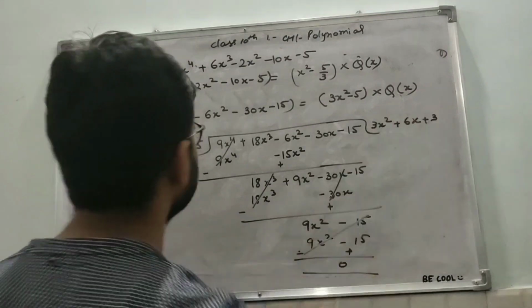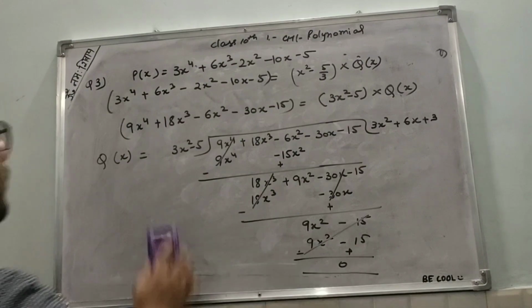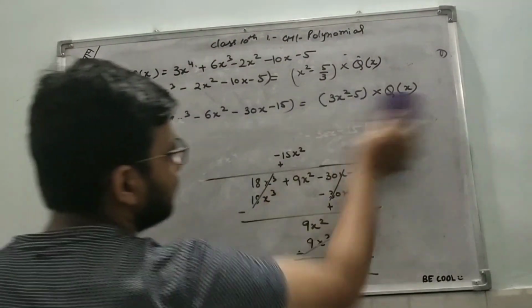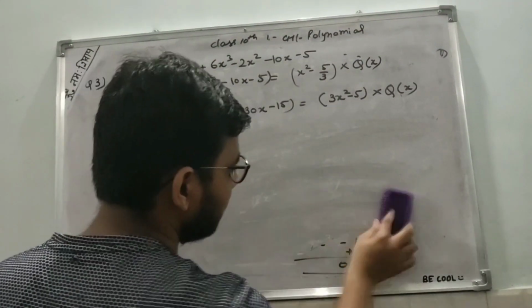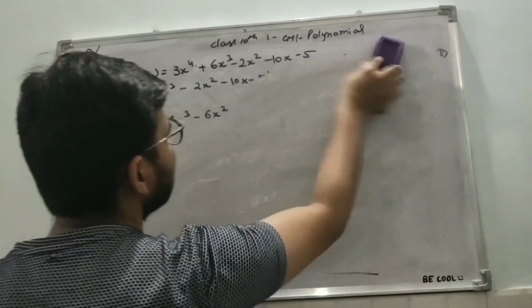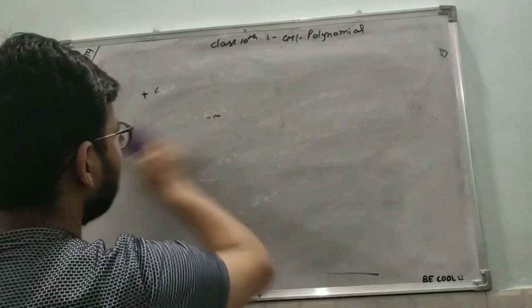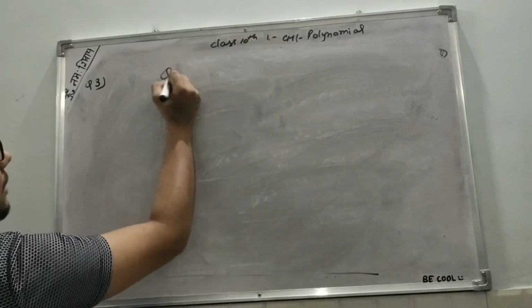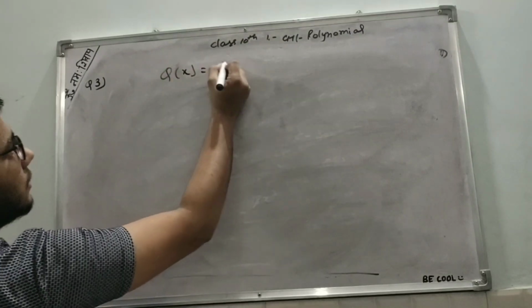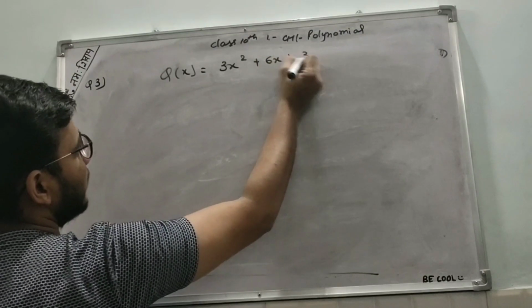This is your q(x). Now write it. q(x) that came was 3x^2 + 6x + 3.